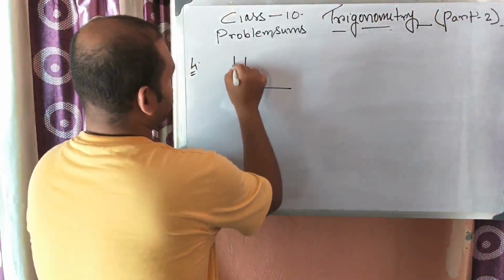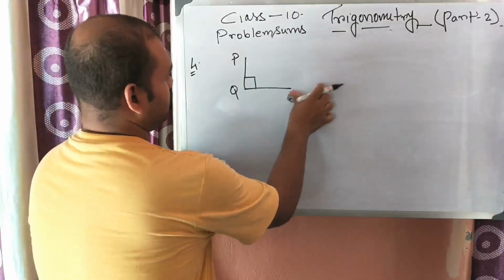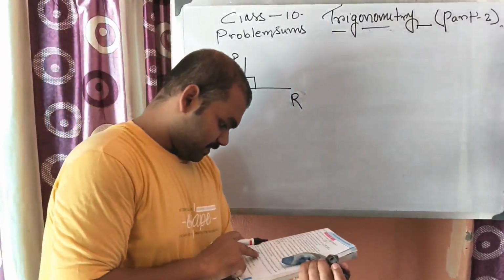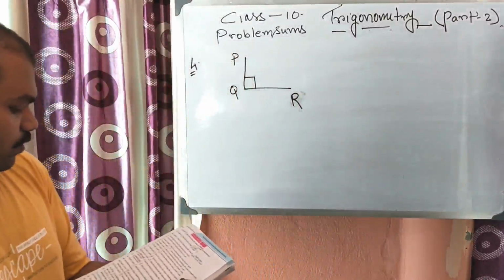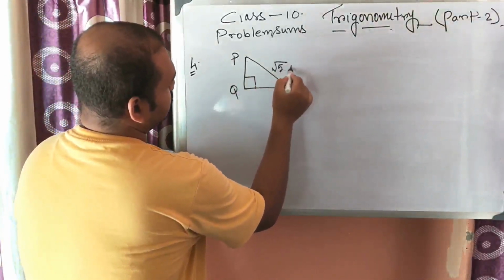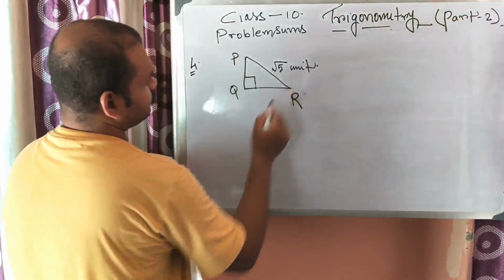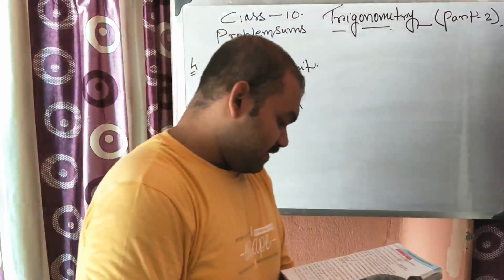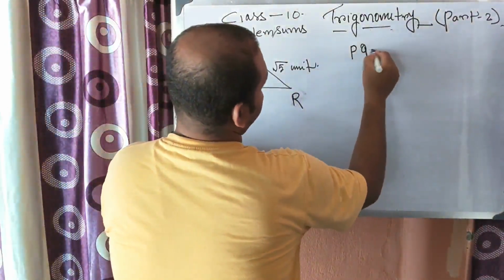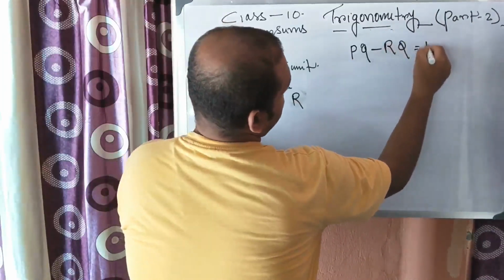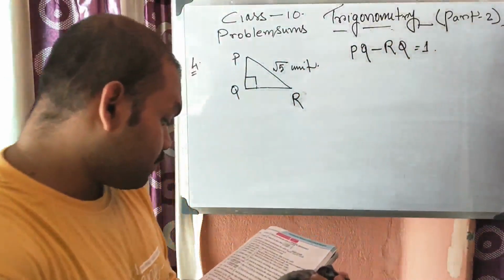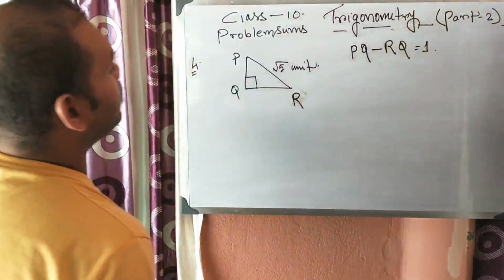So this is Q, this is P, this is R. If PR is root 5 unit, and PQ minus RQ is equal to 1, then determine the value of cos P minus cos R.